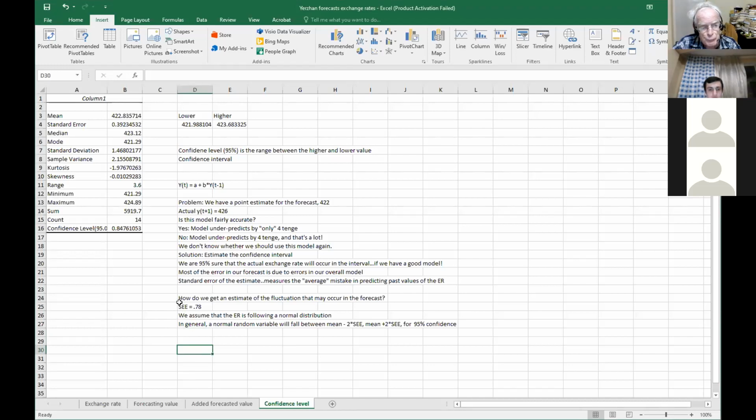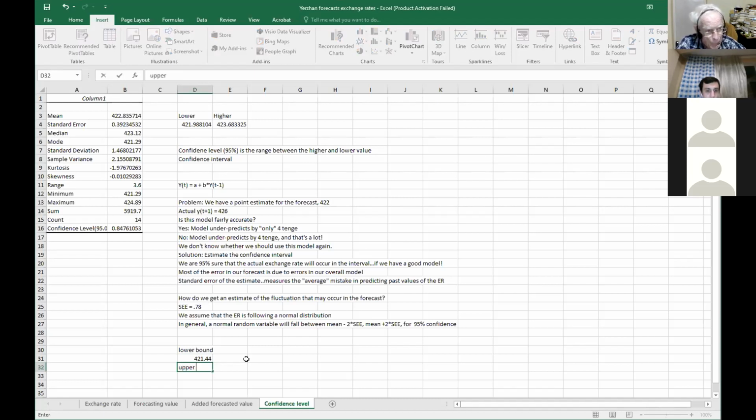So more or less, the standard error of the forecast is largely equal to the standard error of the estimate in the regression. So our lower bound in this case is 423 minus 2 times the standard error, which is 0.78, or 421.